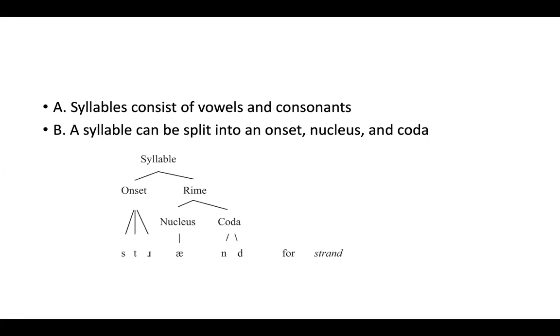For the word strand, you have an onset of a 3 consonant cluster, s, t, and r, and you have a nucleus, which is the ash, a, and then you have the coda n.